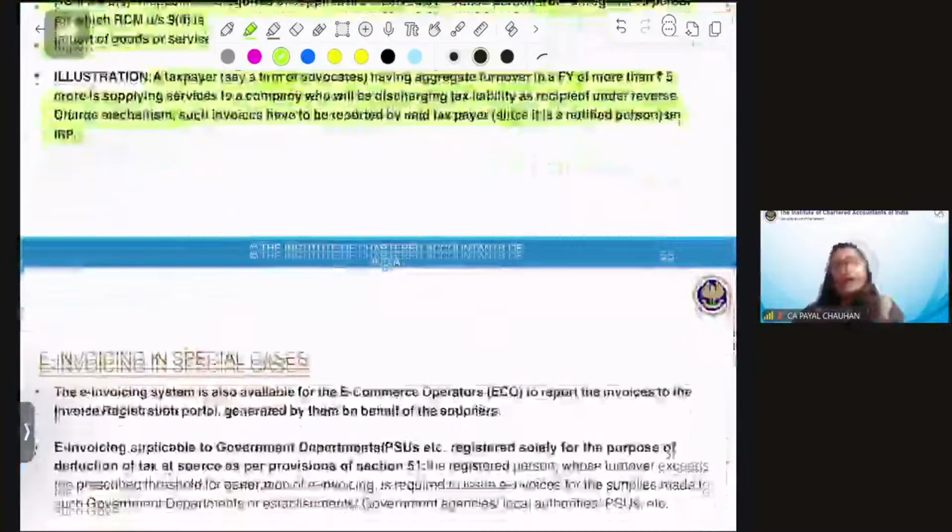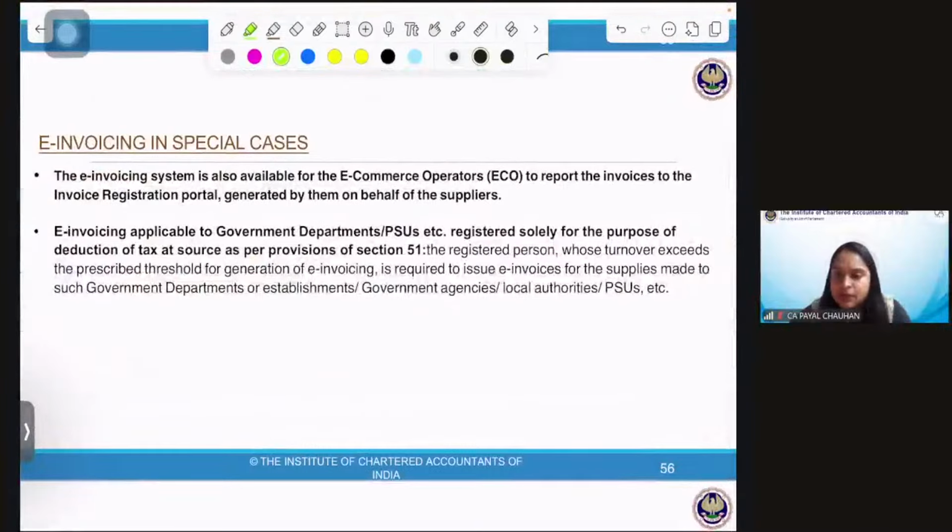Ma'am, I have a question. Let's answer. Recipient, the aggregate turnover is more than 5 crore. Perfect. You are the recipient, your aggregate turnover is more than 5 crore. Seller is not registered under RCM services. Recipient will issue e-invoice.